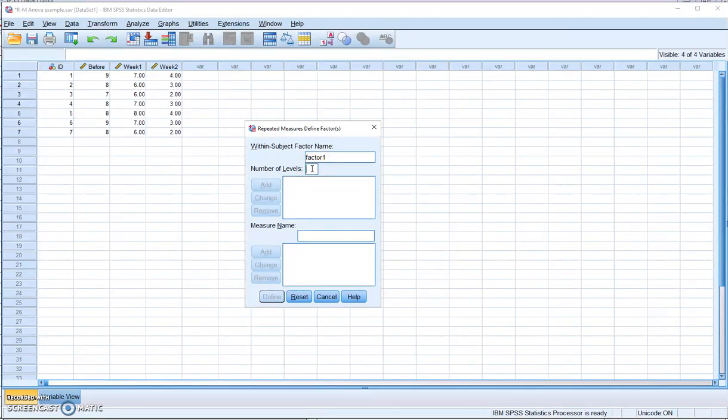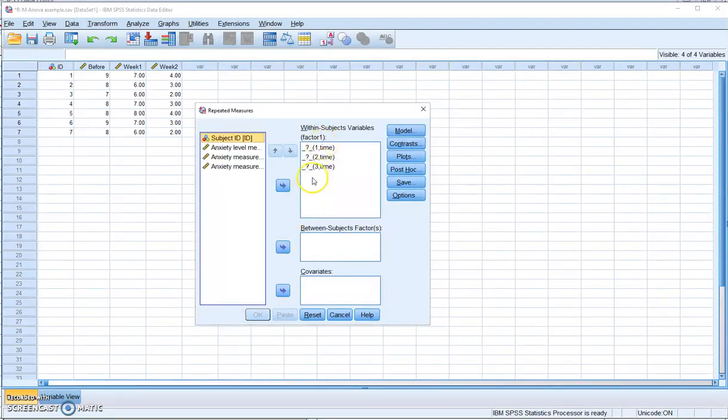So we have 3 measures of anxiety level. Here we enter the number 3, then you click Add, and then you can give a name to the measure. You can call this treatment conditions, times, or trials. I'm going to just call it time, and at this point you can click Define.